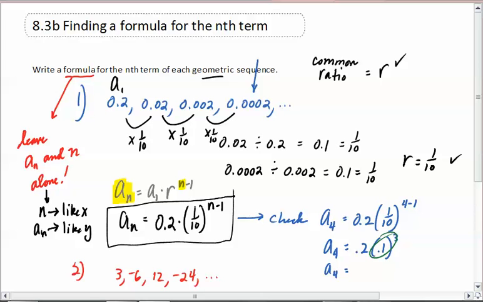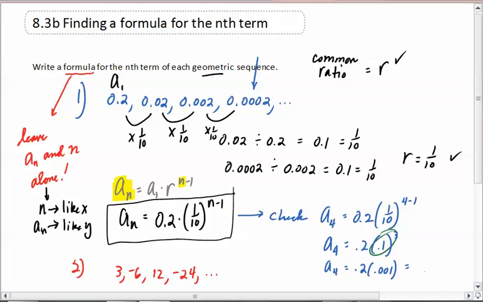Well, that's just 0.001. Okay, I'm backing up here, my bad. 0.2 times 0.001, by golly, that's 0.0002. So it does check out.